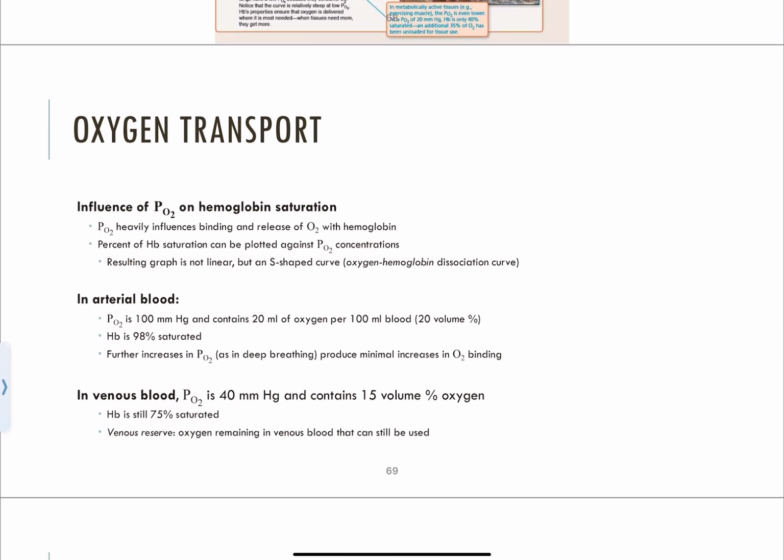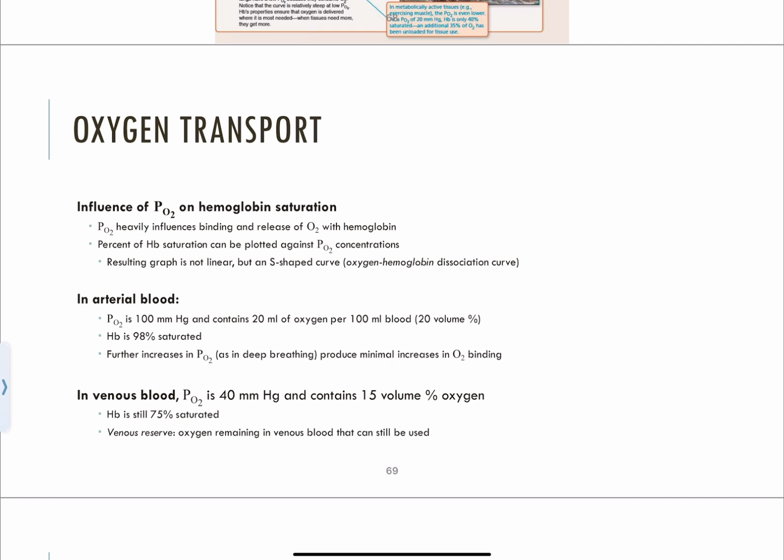Okay, so let's first talk about the influence of the partial pressure of oxygen on hemoglobin saturation. The partial pressure of oxygen is going to be the predominant influencer of whether or not we're going to bind more oxygen or release oxygen. The percent of the hemoglobin saturation can be plotted. There is a graph in the image above.